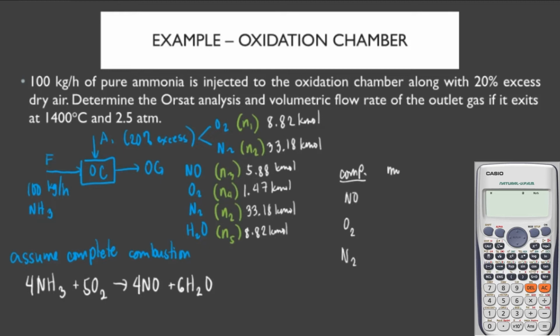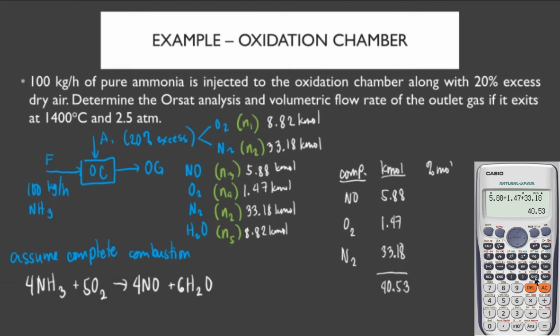This is in kilomoles. For NO, we have 5.88. For O2, 1.47. And for N2, 33.18. We get the total number of moles. That is 40.53 kilomoles. And then we can solve for their percent by mole.